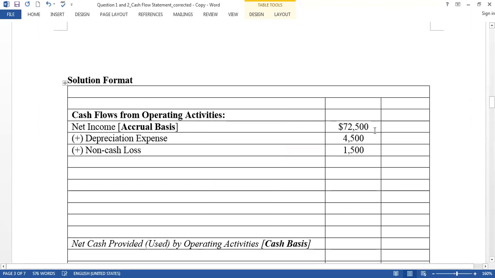So we find that we start with accrual basis net income. Then we added back our non-cash items. Depreciation expense is a non-cash expense, so we added back 4,500, and we added back our loss.